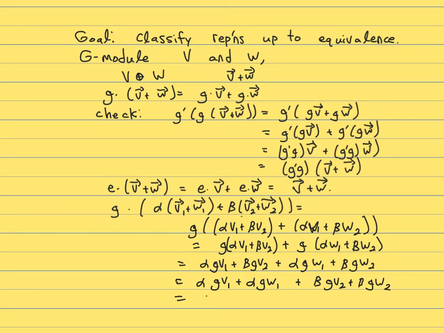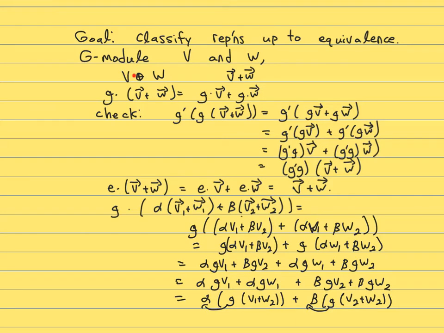Factor out the common factor of alpha, then apply the definition of the action of G. Factor out the common factor of beta. Then apply the definition of the action of G. Pull the G's out if I really have to, and voila, I got exactly what I wanted. That this is actually linear. So this is in fact a G module structure.